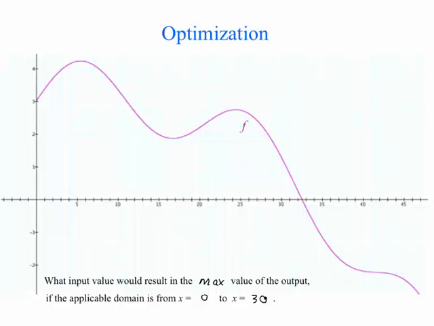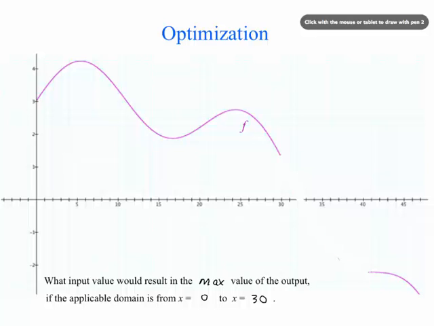Is it big enough? So it's like we don't care about this part of the graph. I'm just going to erase it. All we care about is the part of the function from 0 to 30.